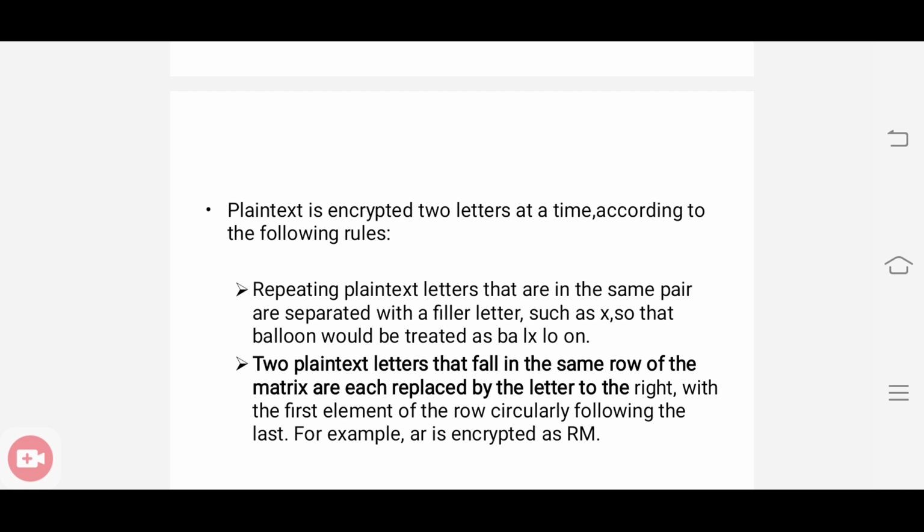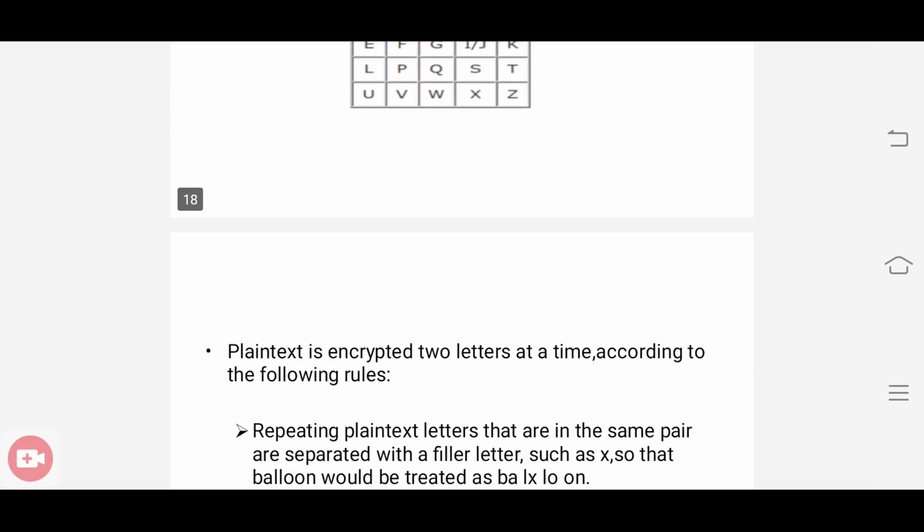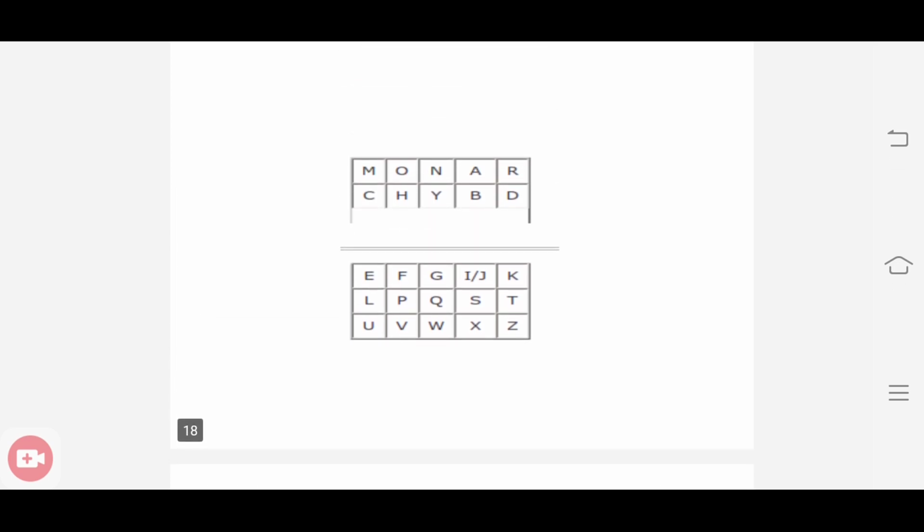And how is the encryption possible here? Two plain text letters that fall in the same row of the matrix are each replaced by the letter to the right, with the first element of the row circularly following the last. For example, AR is encrypted as RM. You can see in the first row, the last two letters are AR.